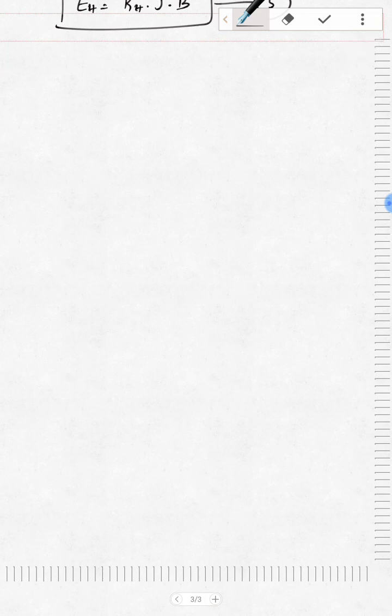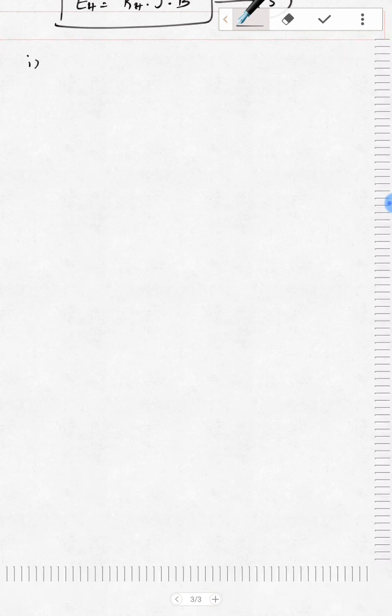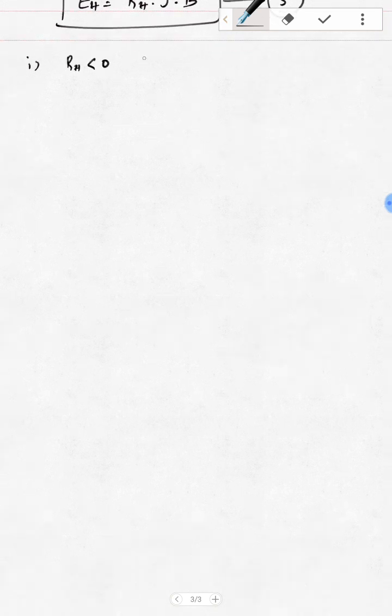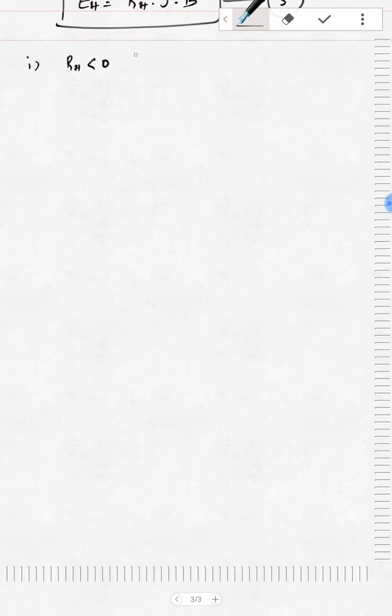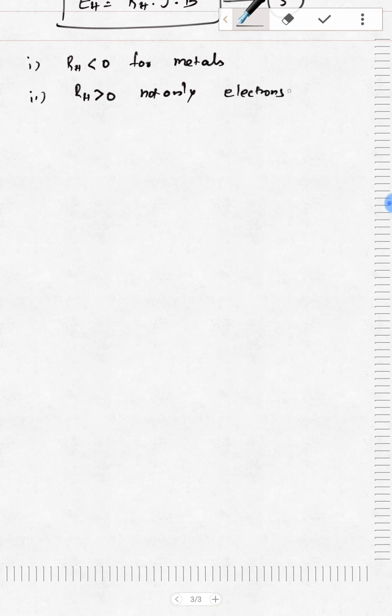So what conclusion do we make here? RH is always negative, less than 0, for metals generally, but this is not always true. RH can also be greater than 0, meaning that not only electrons carry the current.